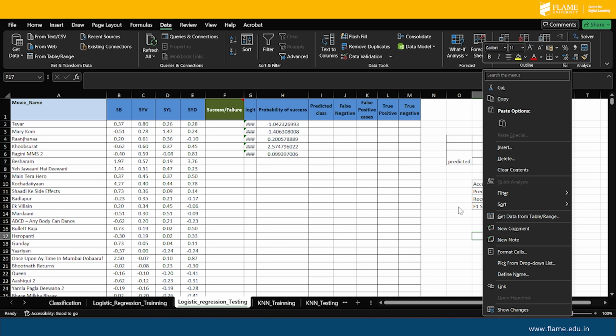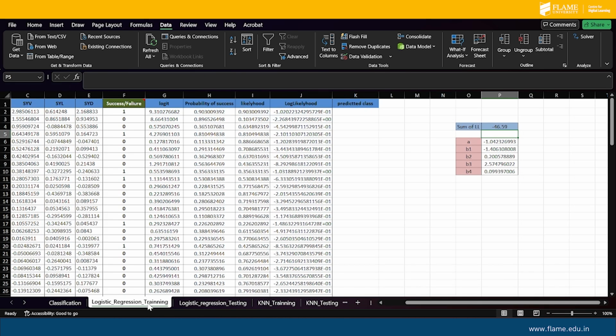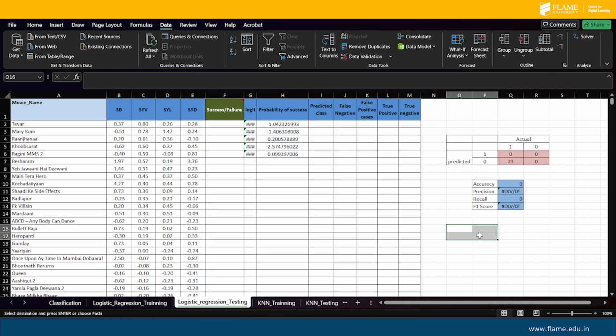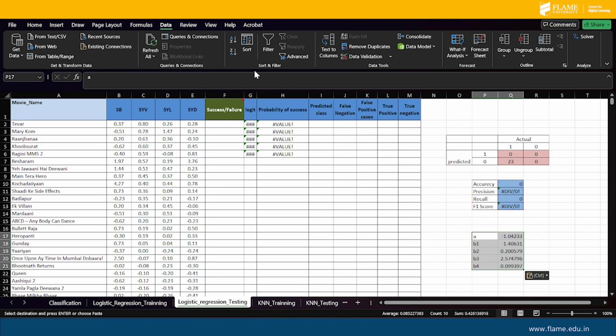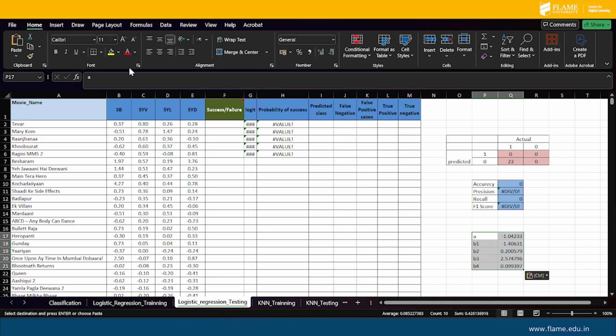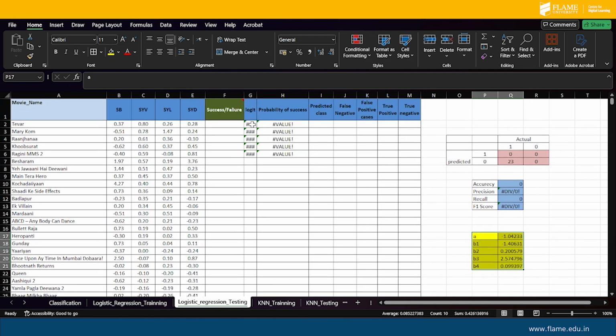Okay, now I have to go back again, Control C or copy and paste it over here, and done. So I'm just marking this so you will understand these are the values that you have to use to calculate. So again, how to calculate the logit?